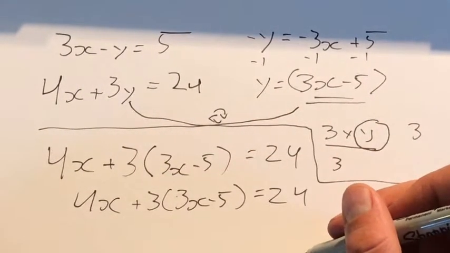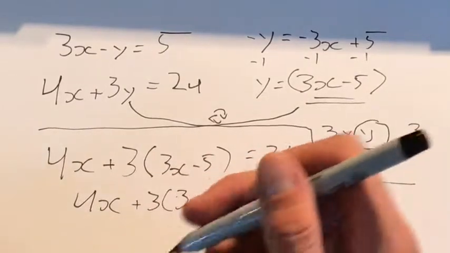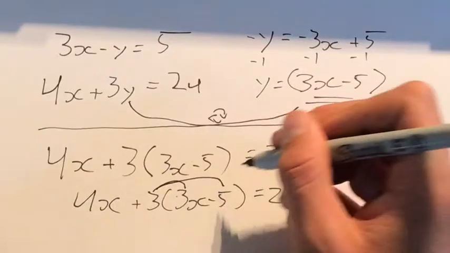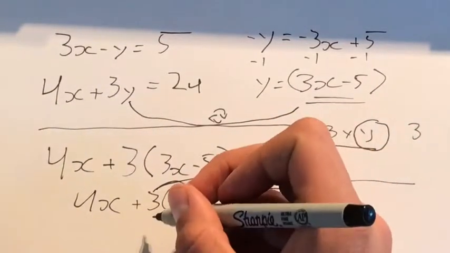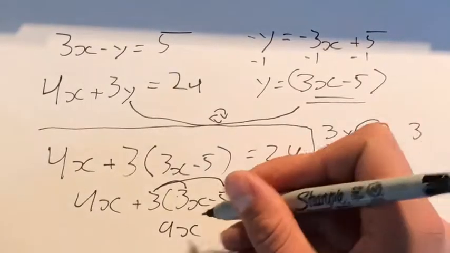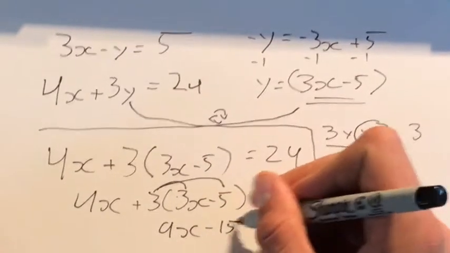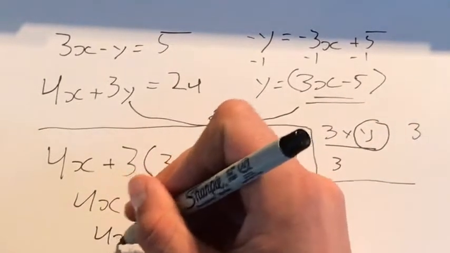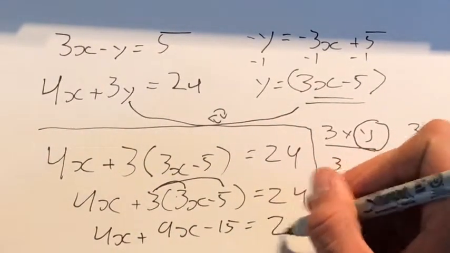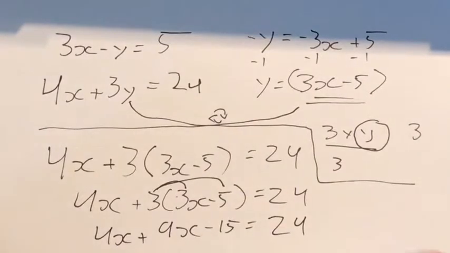You multiply, so 3 goes times 3x, and 3 goes times negative 5, and 3 times 3x is 9x, and 3 times negative 5 is negative 15. So you have 4x plus 9x minus 15 equals 24.